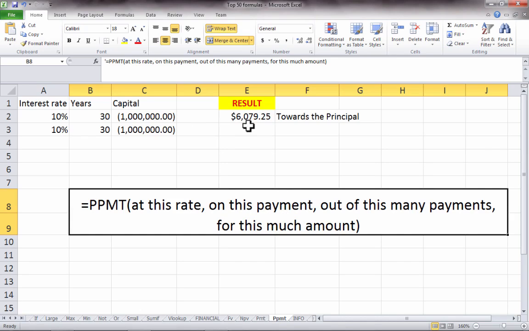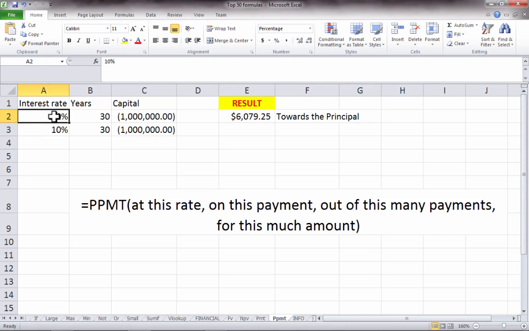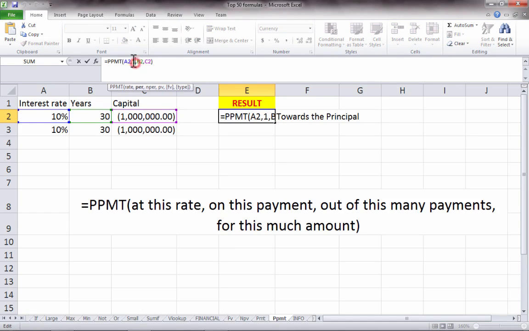So just to show you an example, we're using the same parameters, 10% for the rate you're paying, 30 years for the mortgage, and you're loaning $1 million. So what you're seeing over here is we're specifying the rate first, and then this one is actually which period of payment you are interested to have Excel compute.